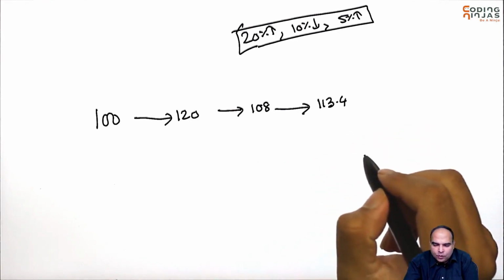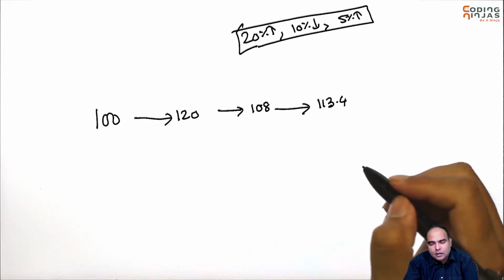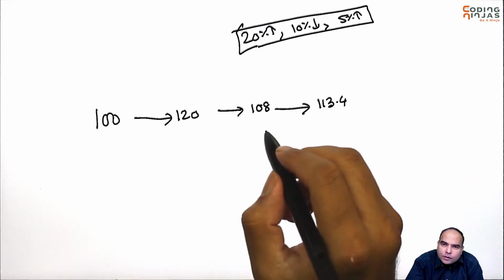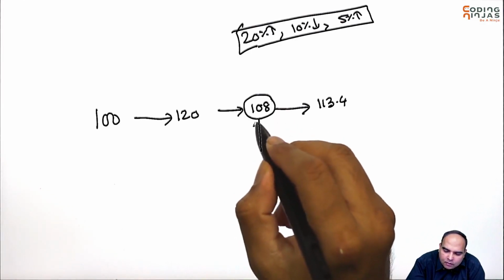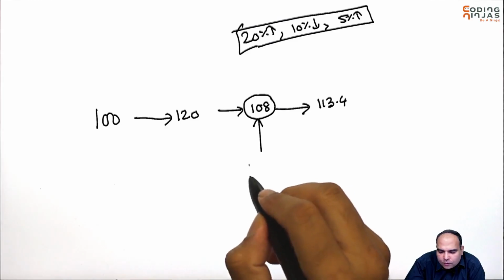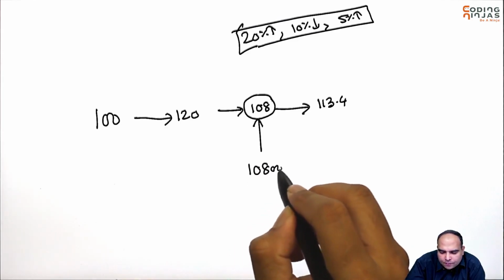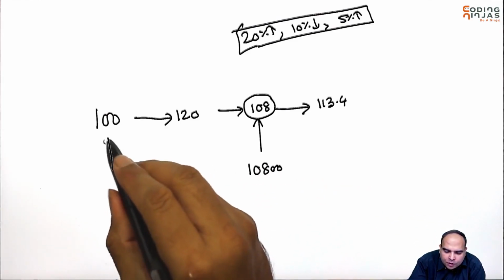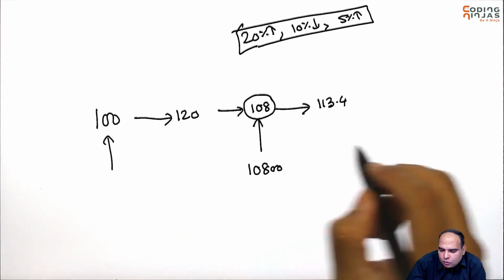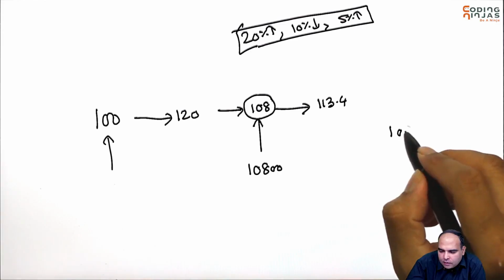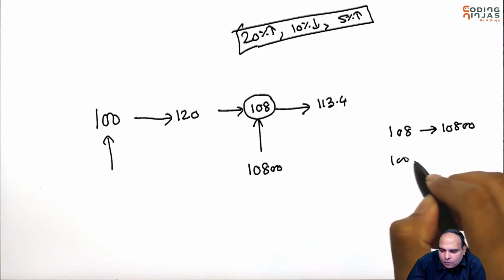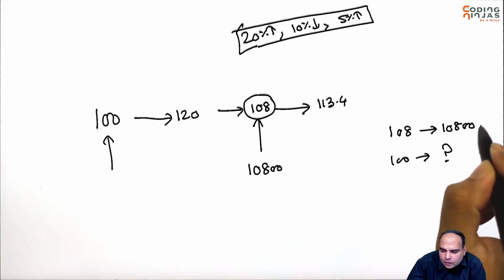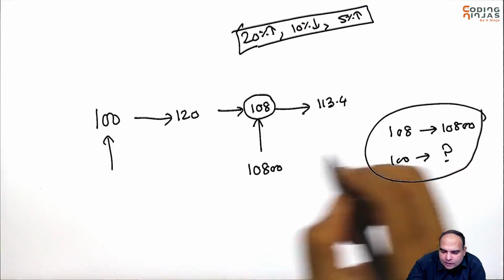And then if the question says that the population after 2 years was found to be 10,800, what is the original population? So you can use the unitary method here. 108 is 10,800. So 100 will be what? If you solve this, you will get the value of 100 as 10,000.